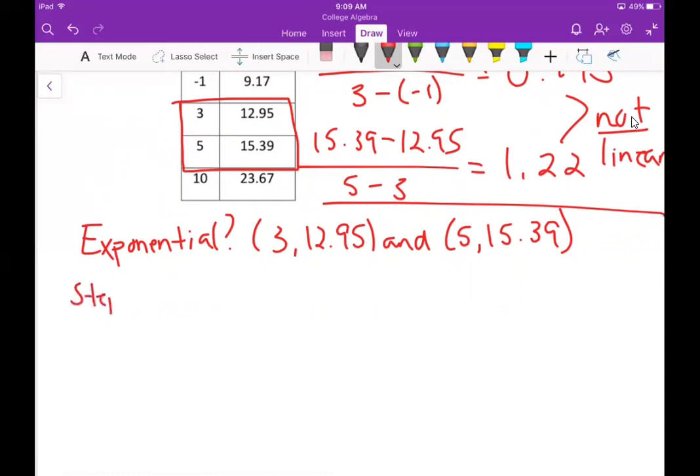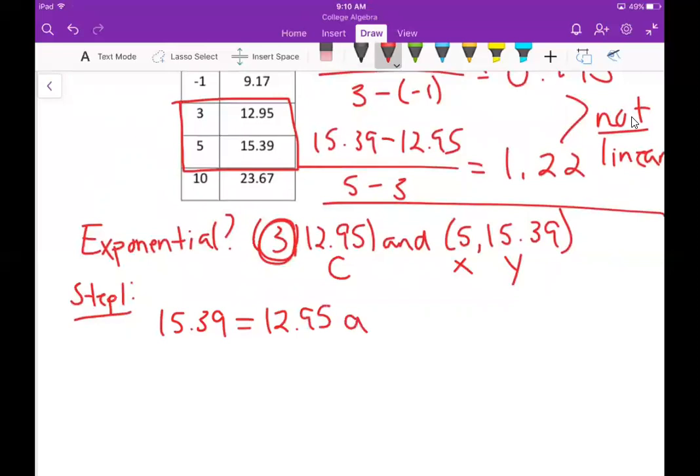So step 1, we're going to reinitialize. We're going to say, okay, this is x and y. This is going to be c, and we're reinitializing at an x value of 3. So then we have that 15.39 equals our c value, 12.95 times a to the 5, but always subtract off that initial value of x, which is 3.